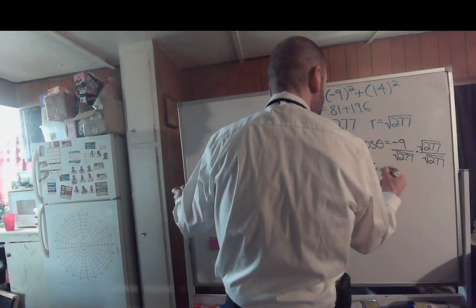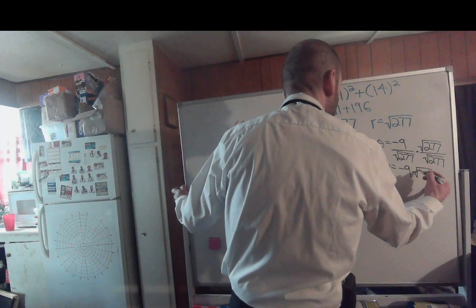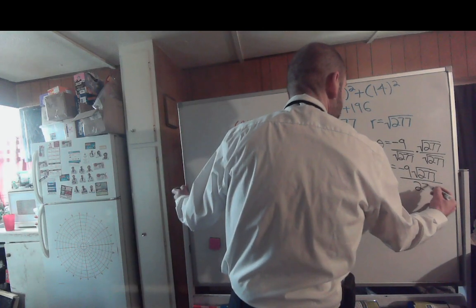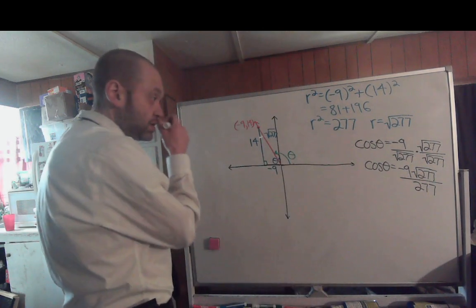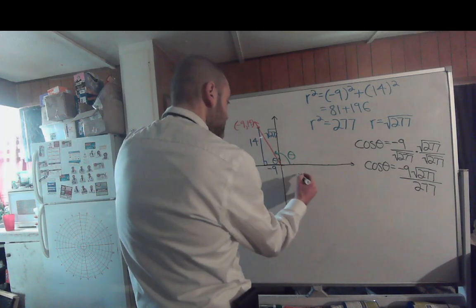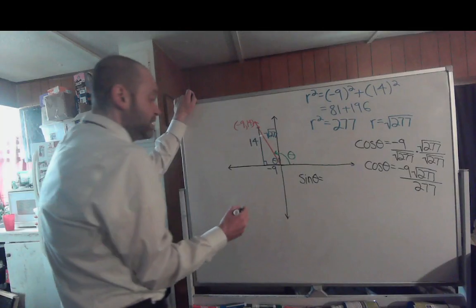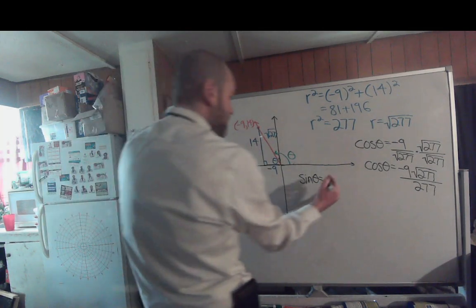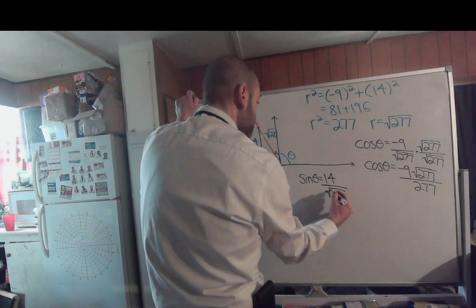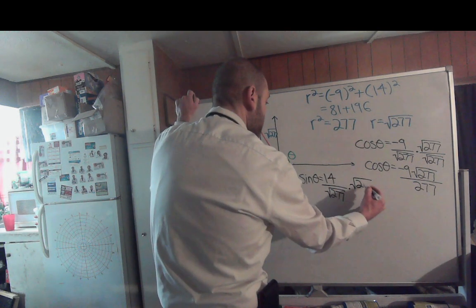So that means your cosine of theta would equal -9 times the square root of 277 all over 277. Not a pretty answer. Now, what about the sine of theta? Well, that's going to equal the opposite over your hypotenuse, so that would be 14 all over the square root of 277. So then rationalize your denominator.